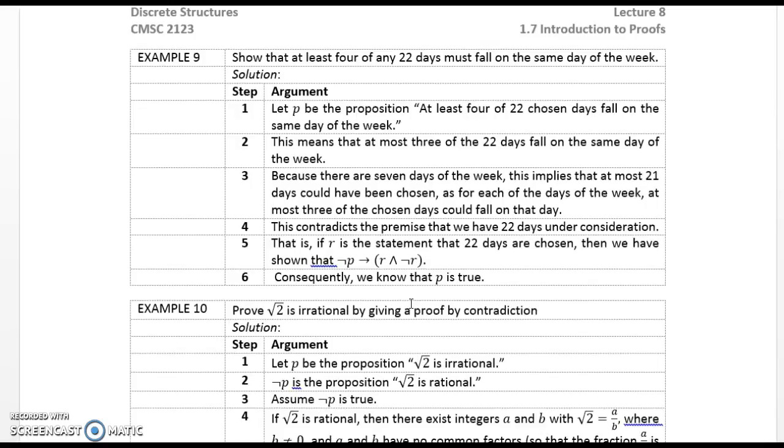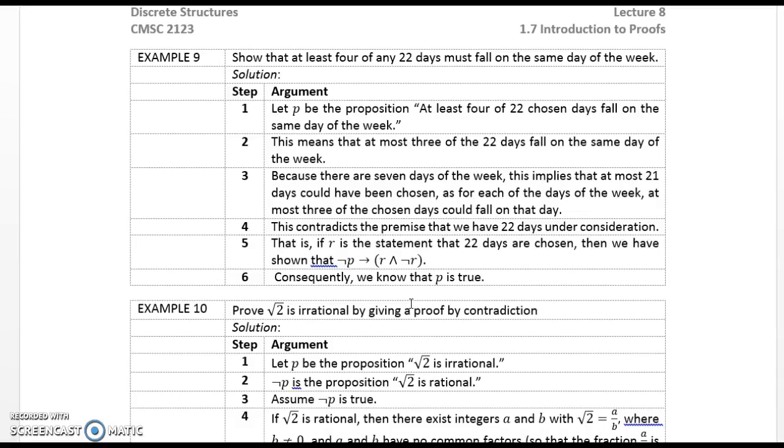Example 9. Show that at least 4 of any 22 days must fall on the same day of the week. Let P be the proposition, at least 4 of 22 days fall on the same day of the week. Not P means that at most 3 of the 22 days fall on the same day of the week.